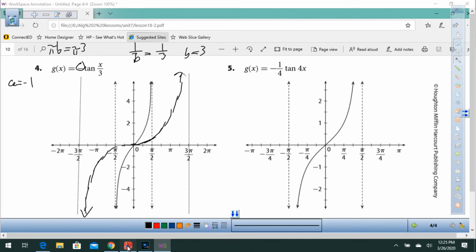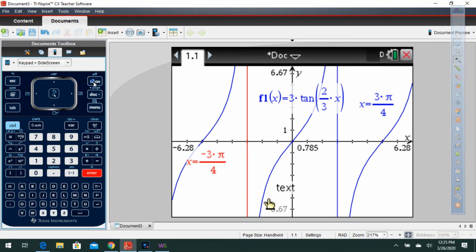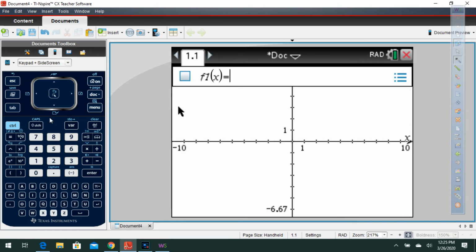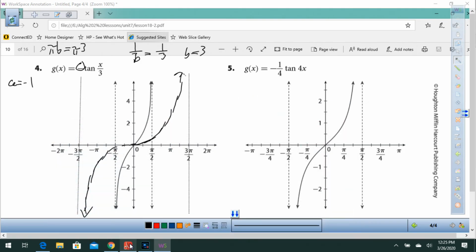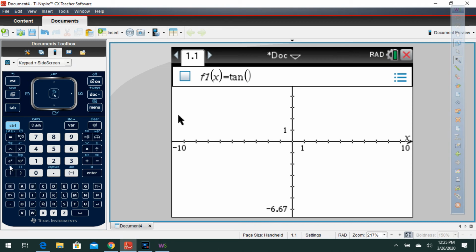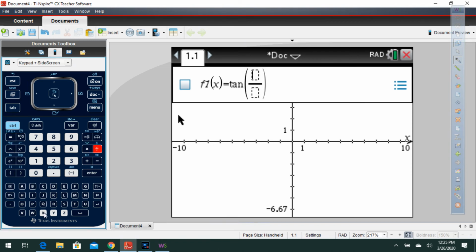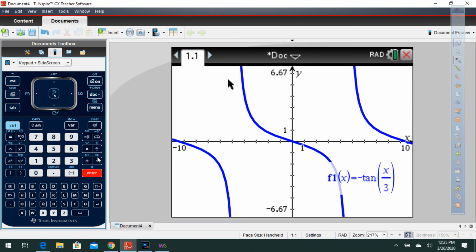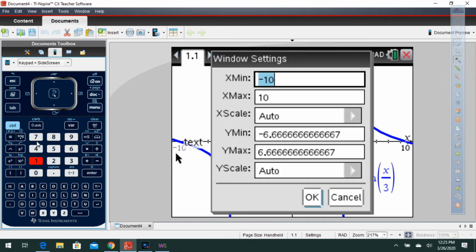All right, let's go try our calculator. On, new, no, graphs, tangent, and then we had x over 3. Control, divide. We got x over 3. And don't forget to put the negative in the front. Aha! All right. Now, we have already figured out, menu, 4, 1.